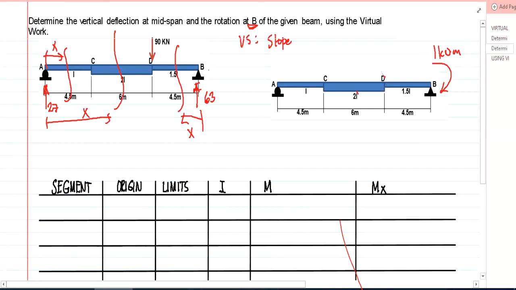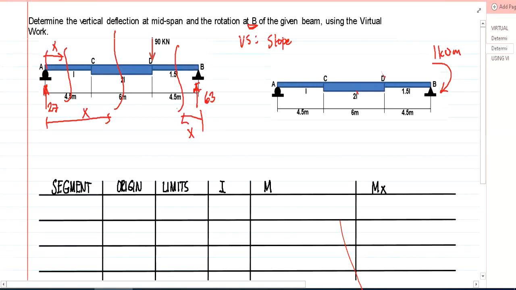Okay? Dito lang kasi, ang i-note ko lang kasi dito, para ma-shorten yung solution ninyo, you have to consider taking your origin wherein your moment equation will be minimized, or yung mas konti yung moment equation, doon kayo mag-take ng origin.